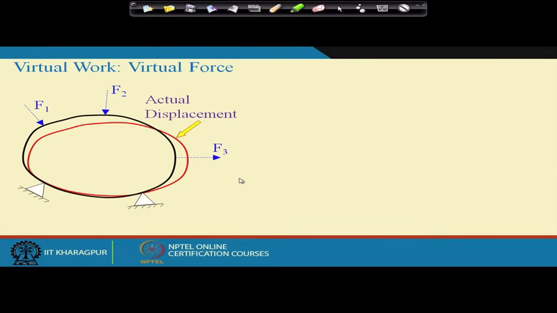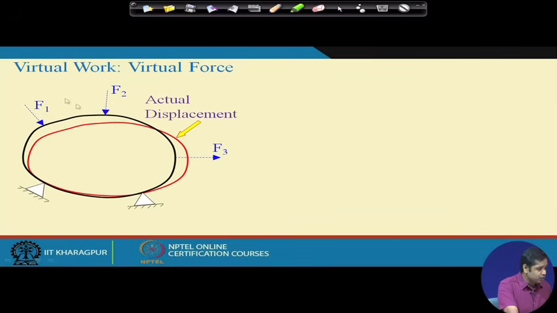Remember one thing: similar to the previous case, where the actual force and the virtual displacement did not have any cause-effect relationship, the virtual displacements were not due to the actual forces. Similarly, here the actual displacements and these virtual loads do not have any cause-effect relation.